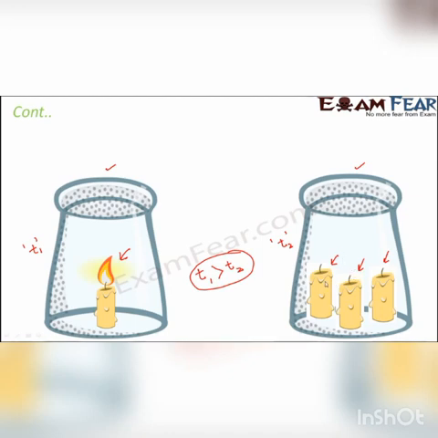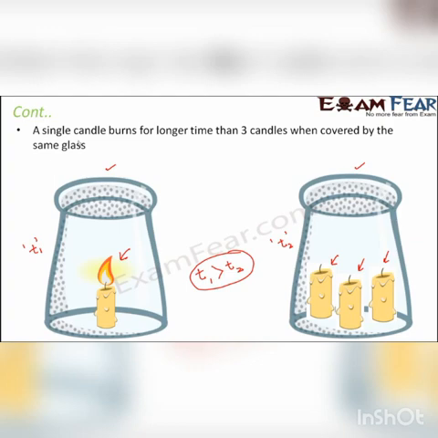Therefore, the candles go off faster than in the first scenario. So it is seen that a single candle burns for a longer time than 3 candles when covered by the same glass. So all these experiments with candles and glass prove that combustion cannot take place without air, without oxygen.